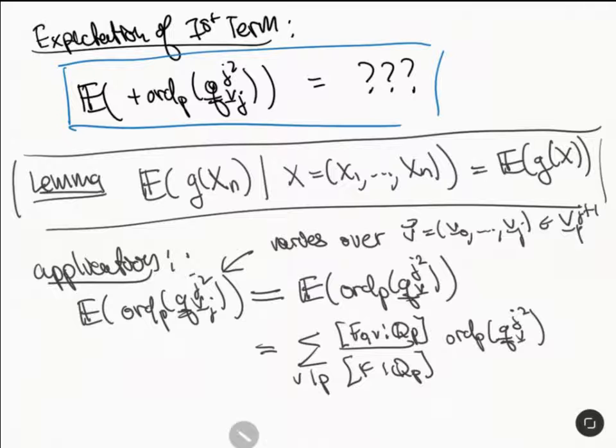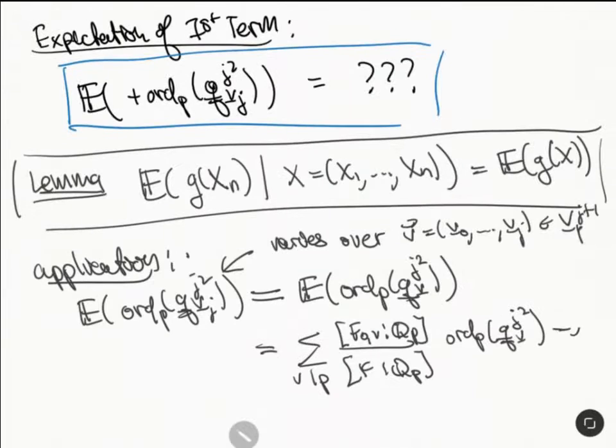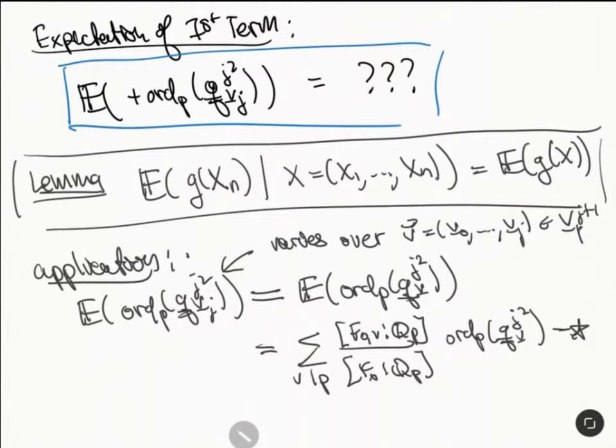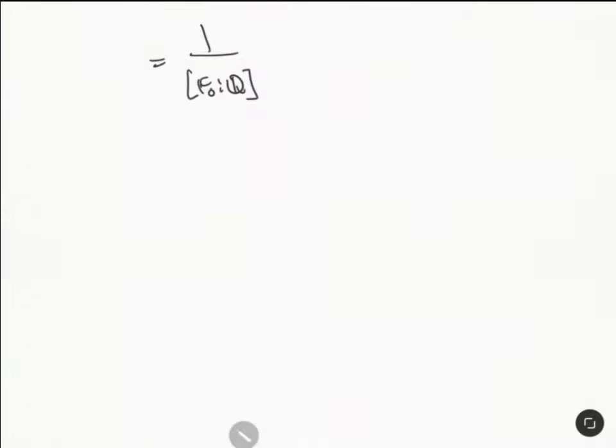Okay, so let's look at this again. So let's write this. This is equal to 1 over this degree, that's the field of moduli. Then we can split this into the ramification and inertia. So this is the sum, and we don't need j plus 1, we got rid of that.